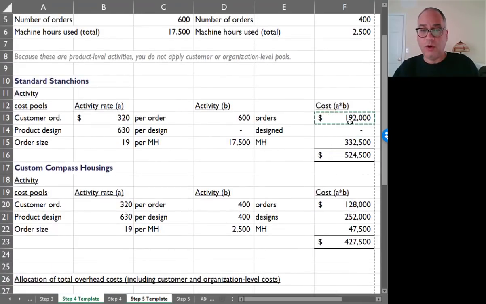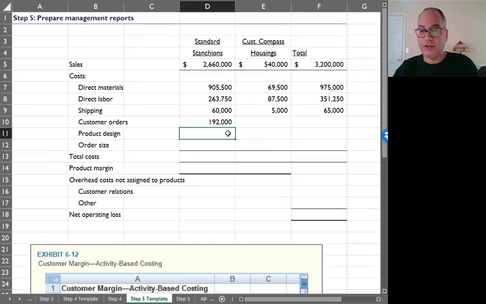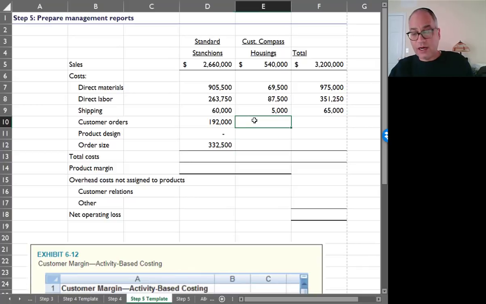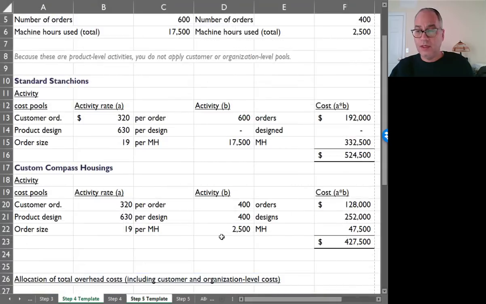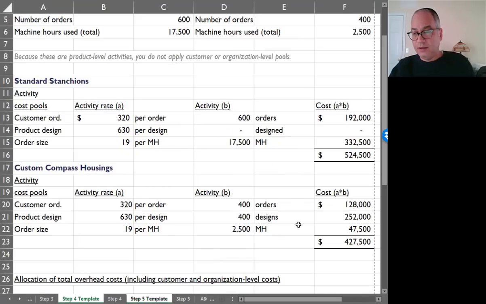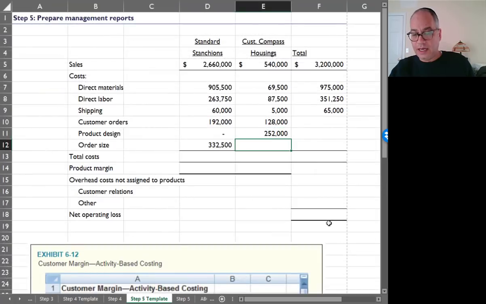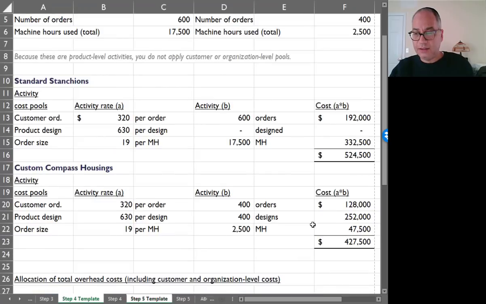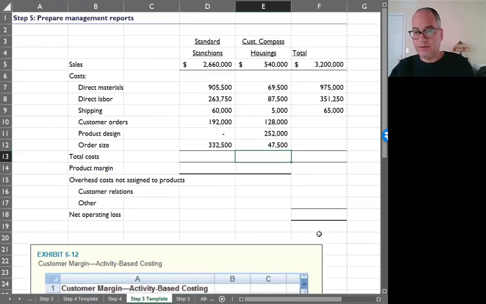Customer orders for standard stanchions was 192. Product design was 0 because we didn't have any designs for standard stanchions. And order size was 332,500. For Custom Compass, if you remember, customer orders allocated $128,000 from that cost pool. Product design allocated $252,000, and order size allocated $47,500.